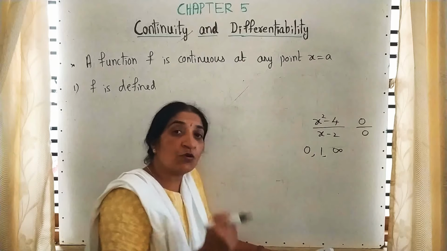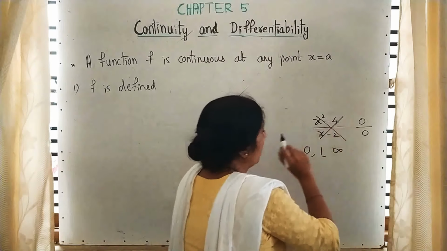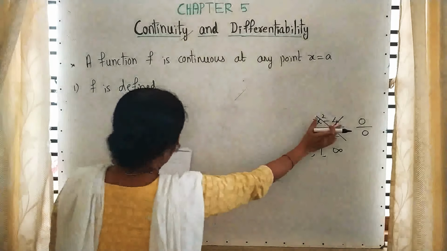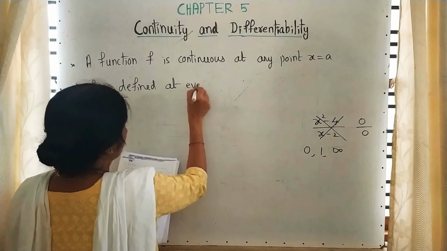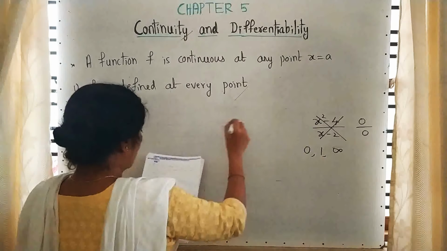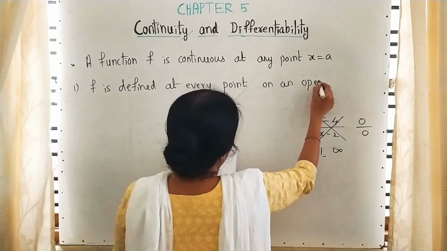That means 0 by 0 is not defined. So this is not possible. That's why I am writing here: f is defined. Defined means you are getting some certain definite value at every point on an open interval.